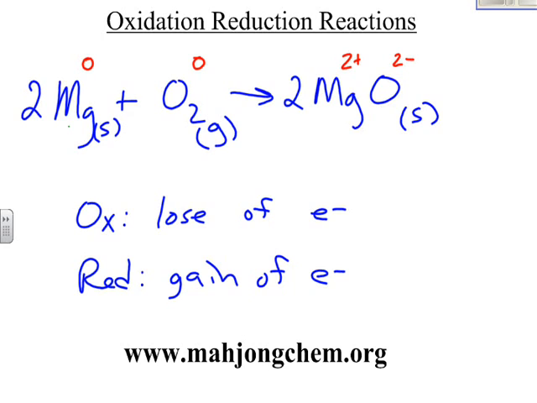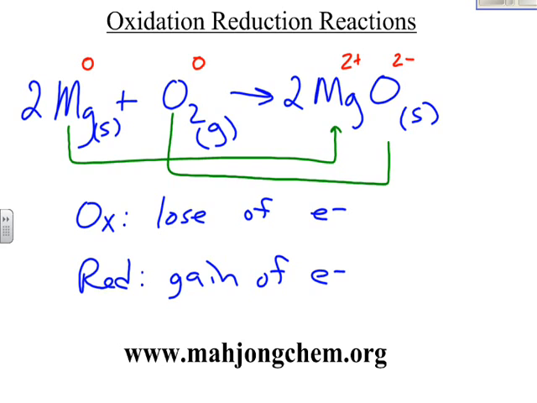Obviously, for the magnesium to go from a 0 to a 2+, it must have lost 2 electrons. Oxygen, to go from a 0 to a 2-, each oxygen atom must have gained 2 electrons. If you took the balancing into account, the loss and gain of electrons would also be equal.